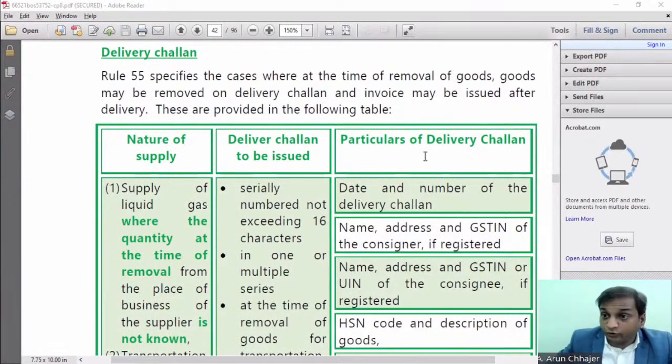So when the final quantity reaches the customer, for that quantity the bill would be made. Whatever quantity reaches the ultimate recipient, for that quantity the invoice would be made. Then rule 55 says you can make the delivery challan for transportation of this liquid gas.